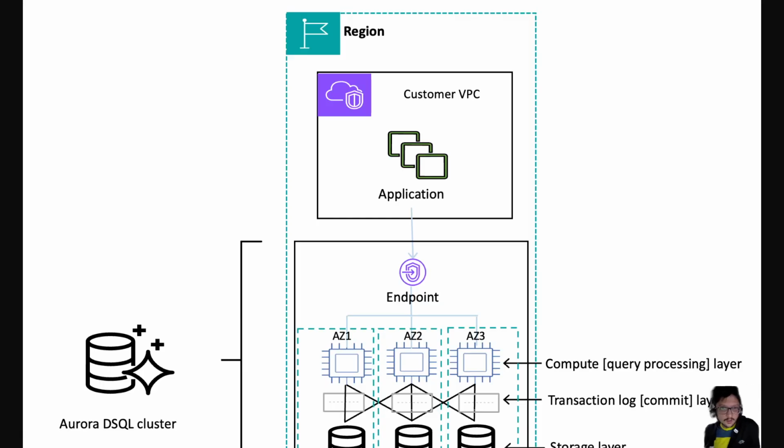So let's understand the architecture of Amazon Aurora DSQL. Just think that your application sends a SQL query to Aurora DSQL. This is your application sitting in a customer VPC. There is a distributed query processing layer, which is the brain of Aurora DSQL.